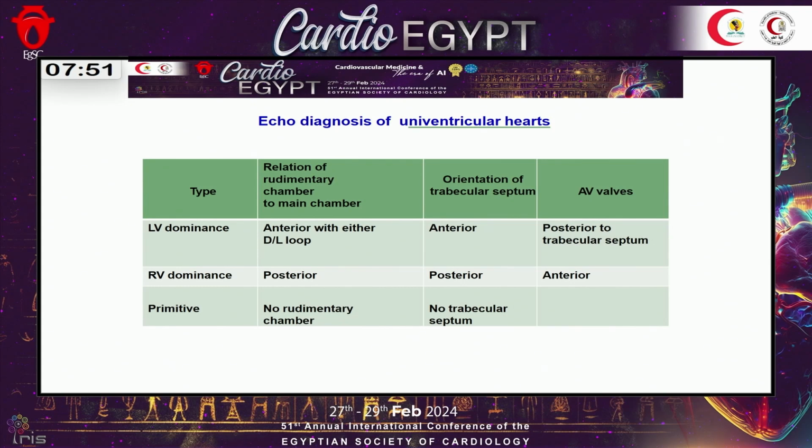If it is of right ventricular morphology, the rudimentary chamber and the trabecular septum are posterior, while the AV valves are anterior. If it is of undifferentiated morphology, there is no rudimentary chamber and no trabecular septum.